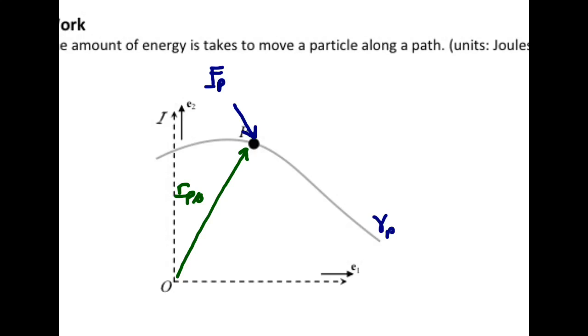The path itself is coming about in incremental steps. When this particle P moves a certain distance, we've created a new position vector. This is what we would call r plus dr of P with respect to O. The difference between that initial position and that next position is dr of P with respect to O. So it's an incremental change in the position of the particle from its initial point to its next point.